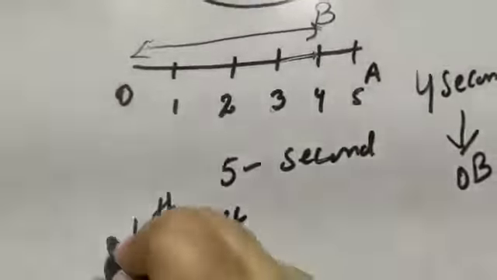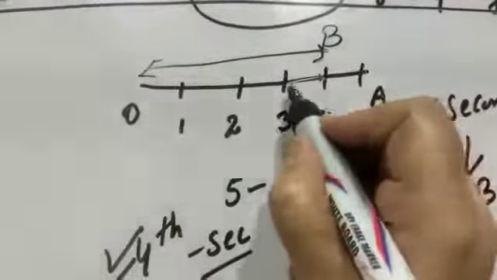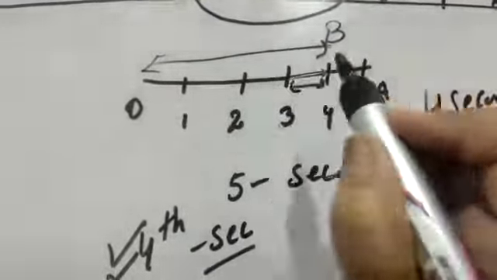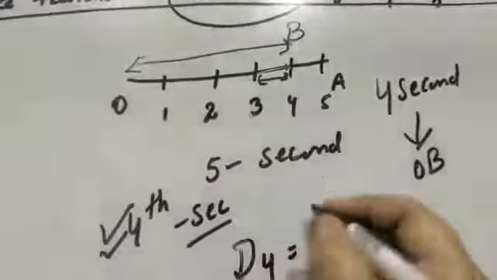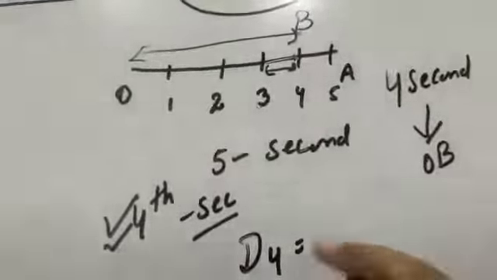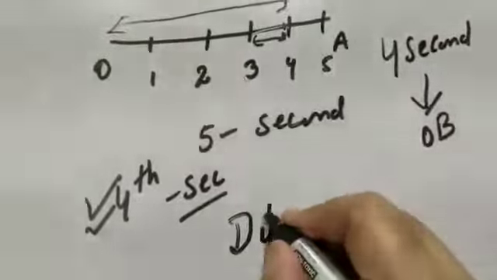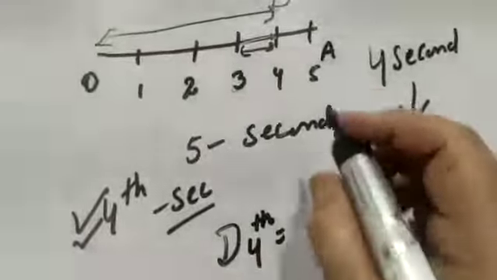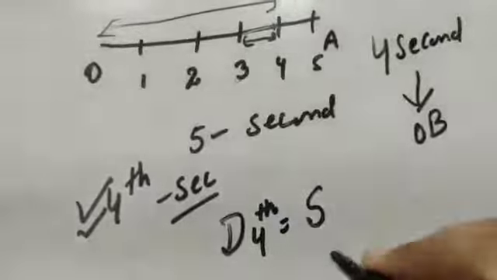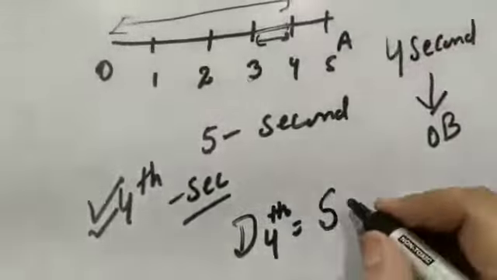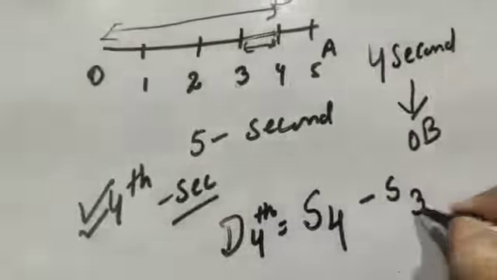But we need to find out the fourth second. So how would we calculate? In 4 seconds the distance will be this one. The distance traveled in the 4th second can be written as d4, which is S4, the distance traveled in 4 seconds, minus S3, the distance traveled in 3 seconds.